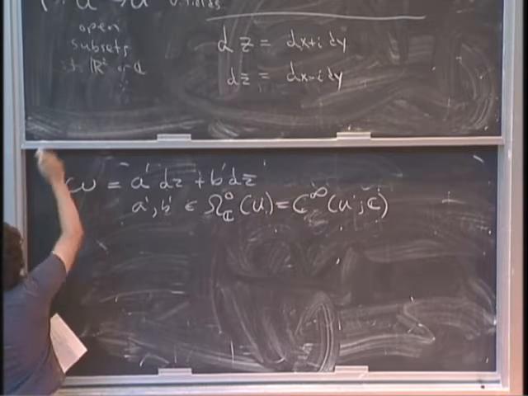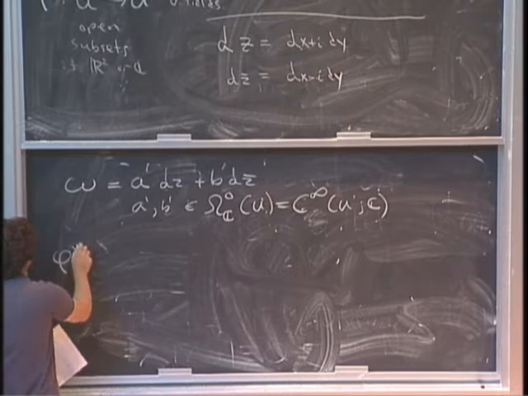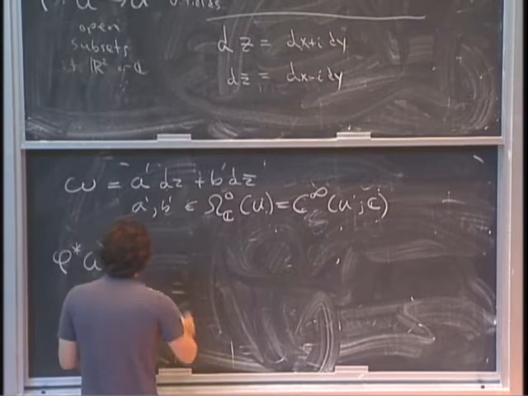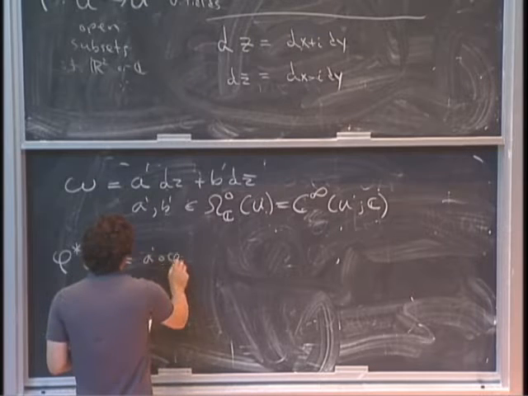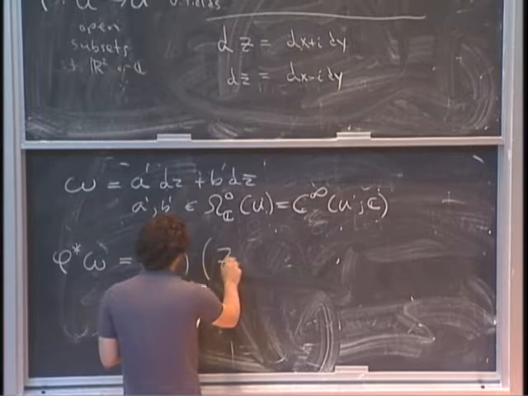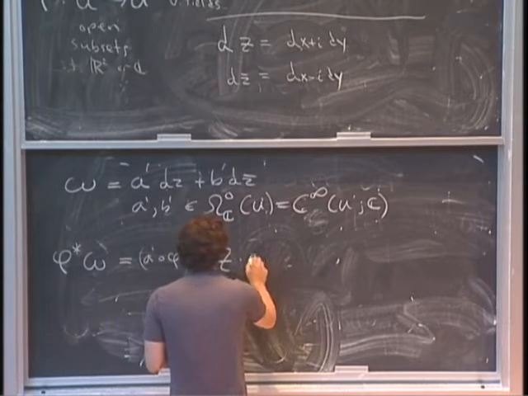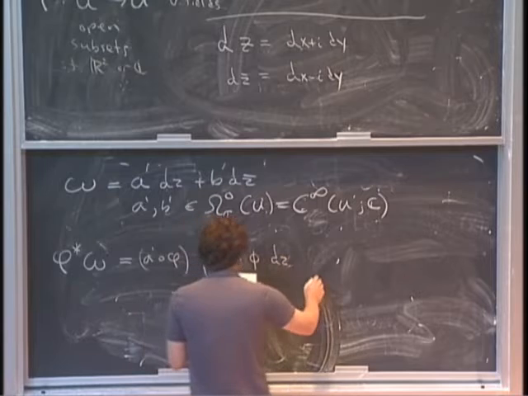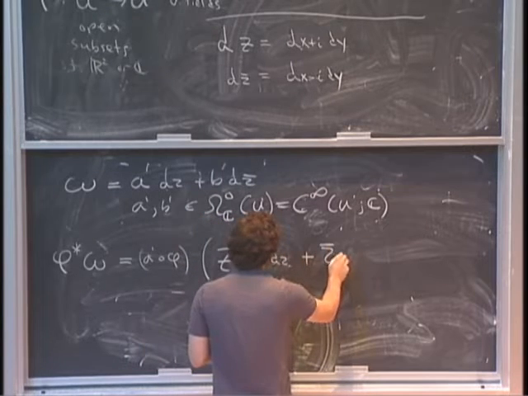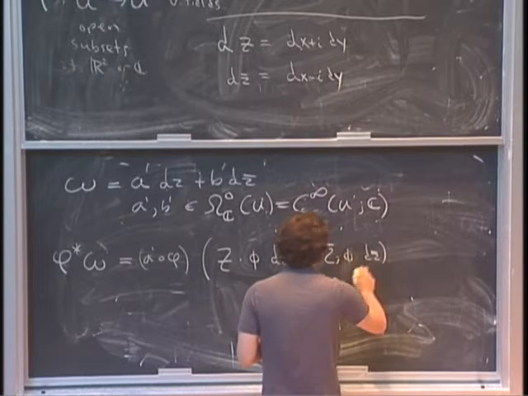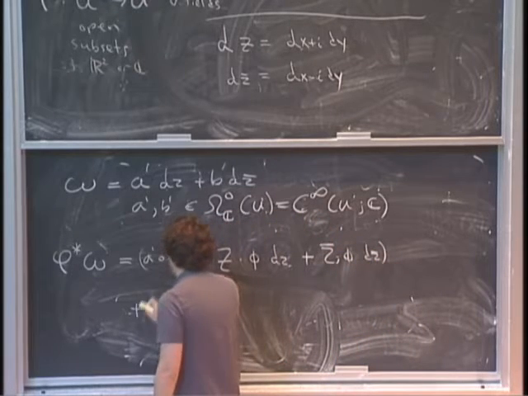In general, for a smooth map phi, if we take the pullback of omega, one computes that it is a' composed with phi, times the vector field ∂_z applied to phi, multiplied by dz, plus ∂_z bar applied to phi times dz bar, plus the corresponding terms for b'.